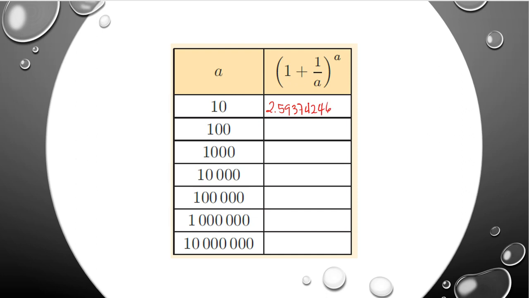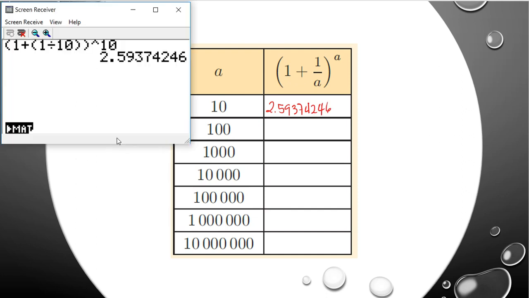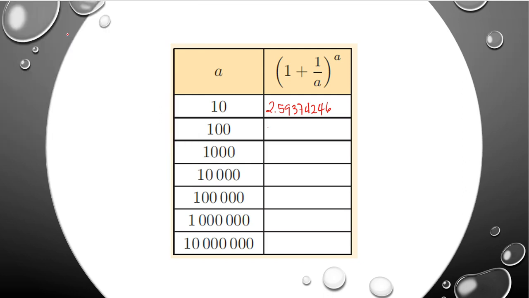Okay, and then if we try another number, that is 100, I will put 0 there. Execute. It is 2.7704813829.